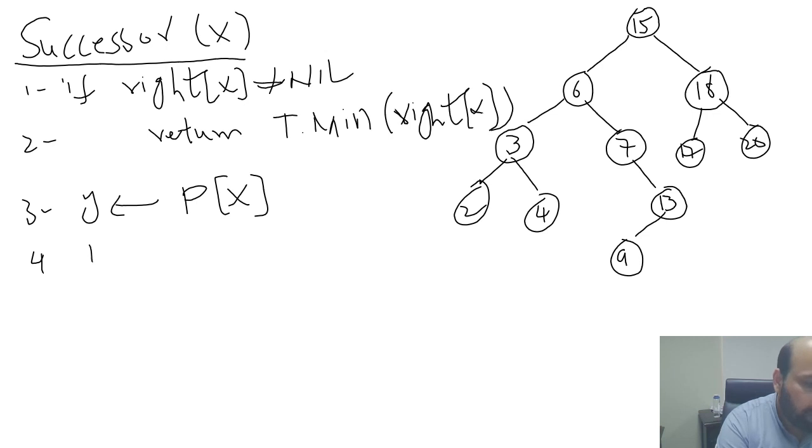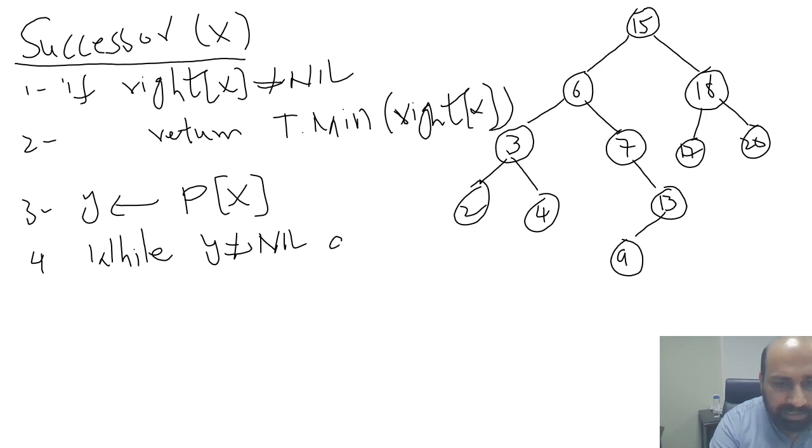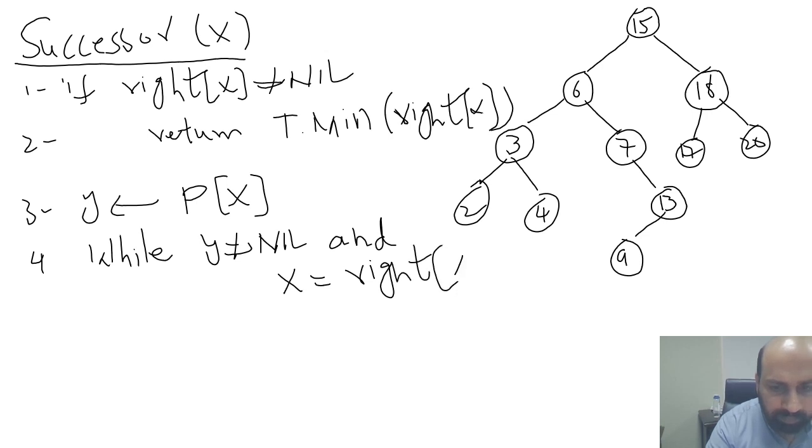While y is not equal to nil, and this is "and" not "or", right? And X equal to right of y, right?